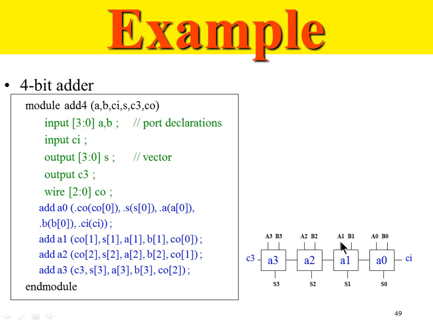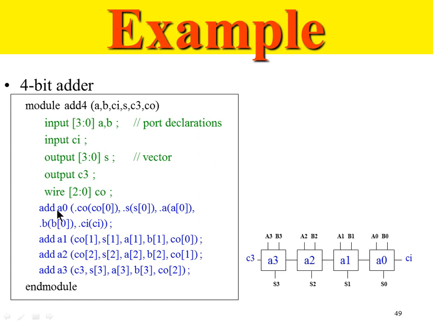So the first bit of A goes to A, the first bit of B goes to B, the first bit of sum out goes to S1. CO, which is connected to the 0th bit of CO, comes here as carry input. And CO1, which is the carry out of this stage, will become the carry input of the next stage. So CO1, the first bit of CO, is the output carry here, which becomes the input carry to the next stage.